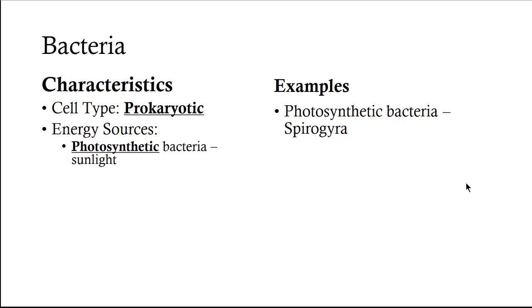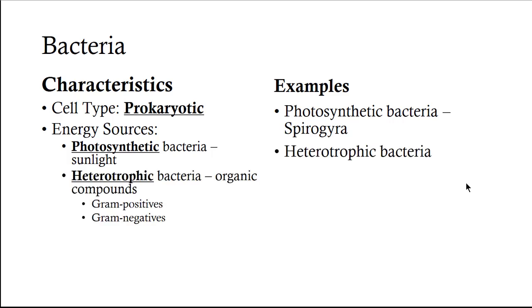And this applies to the more complex cells as well. But their energy sources can be essentially from the sun, more or less, photosynthetic. And also, probably more commonly, especially in relation to the human interactions that we have, many of these bacteria are what we call heterotrophic. And what that basically means is that they have to go find energy outside of just getting it from the sun.